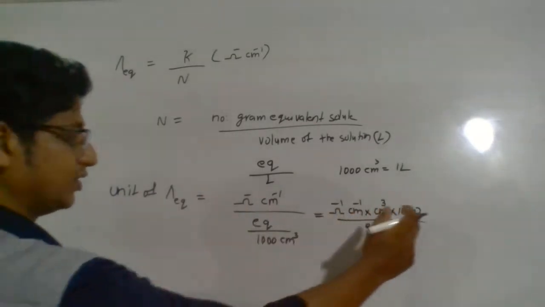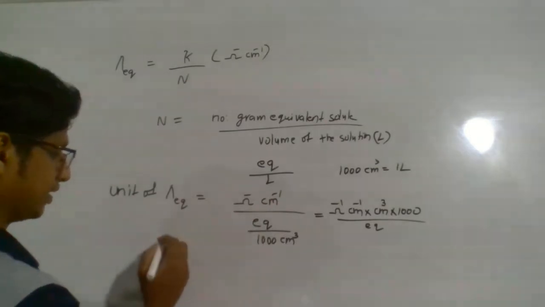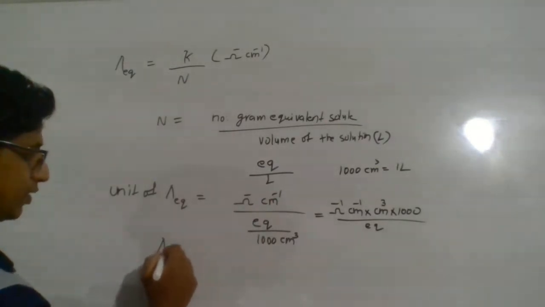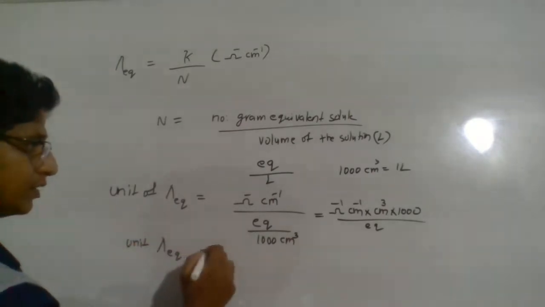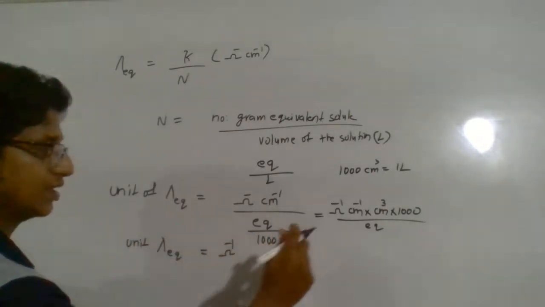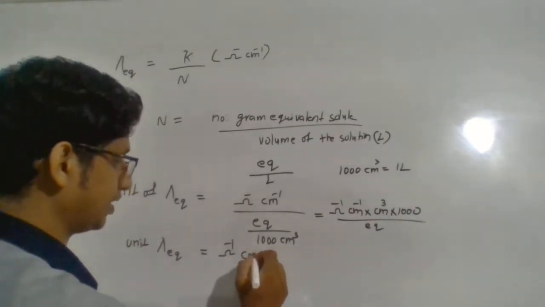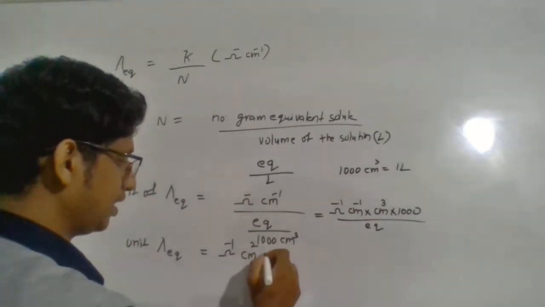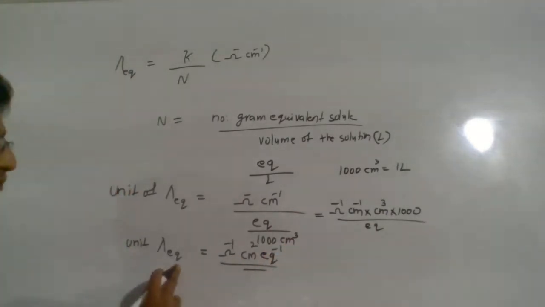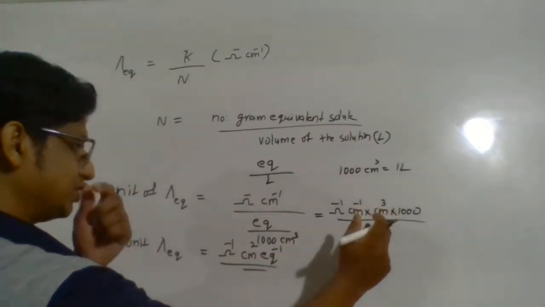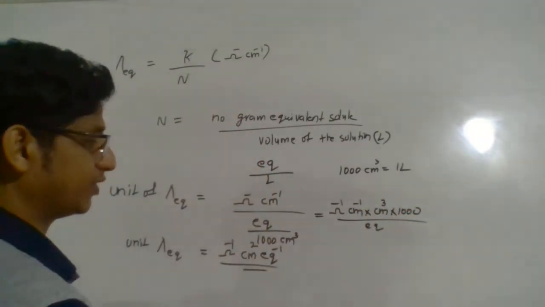So the equation just modifies if you express in terms of centimeter. The unit of lambda equivalent will be ohm inverse centimeter square equivalent inverse. That is the unit of lambda equivalent. Now since we are expressing in centimeter, 1000 will also come. So our equation modifies here.